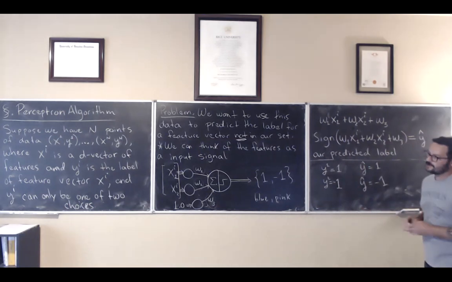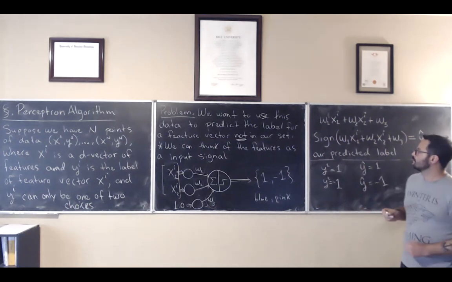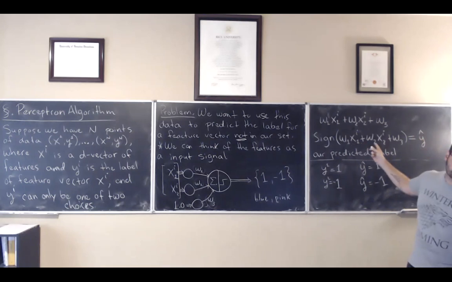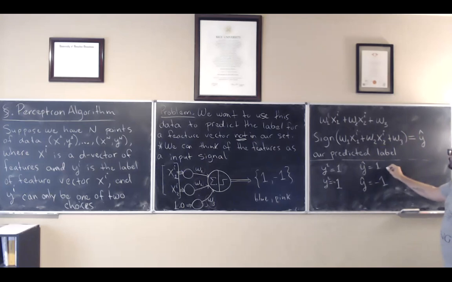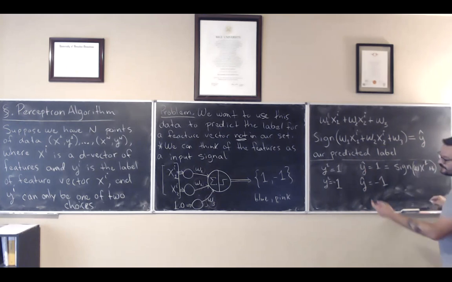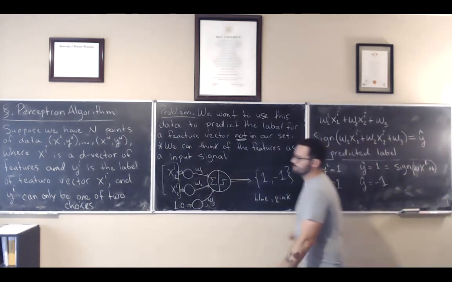We can choose them randomly at first, which, by the way, this is so messy to write. What we really should write for this is that for y1, we're going to predict on x1, or w times x1 plus the bias. The bias is really w3.